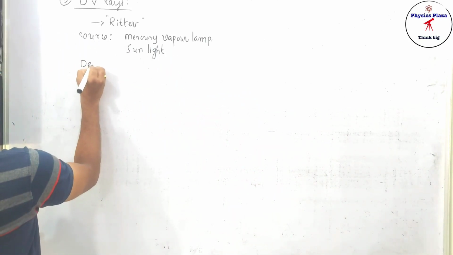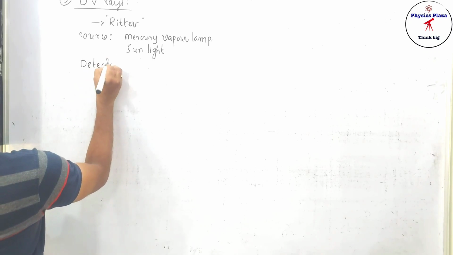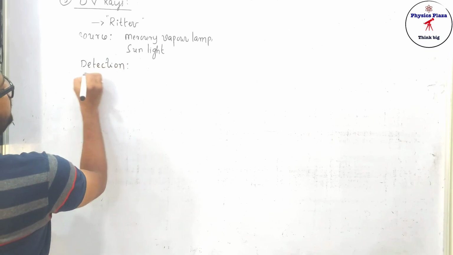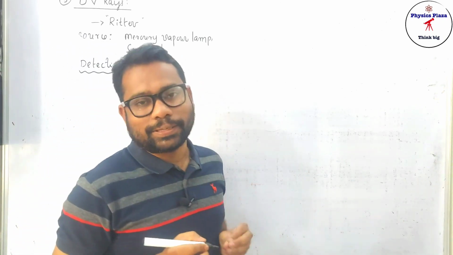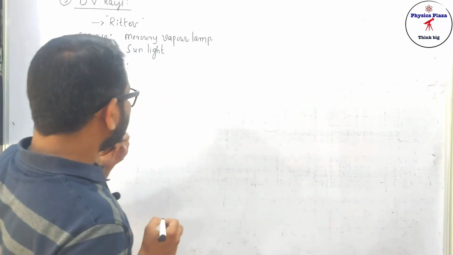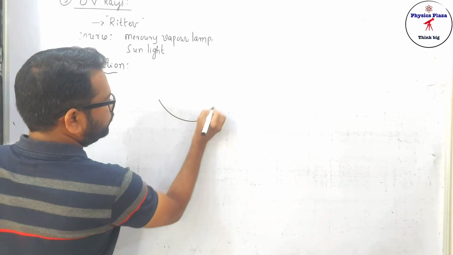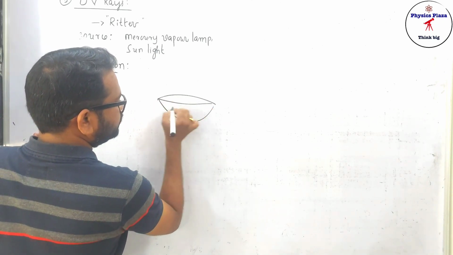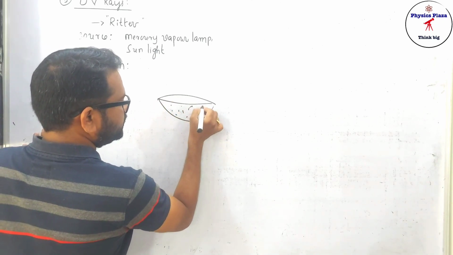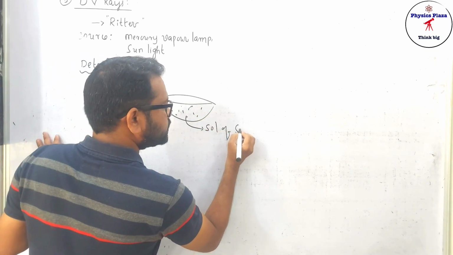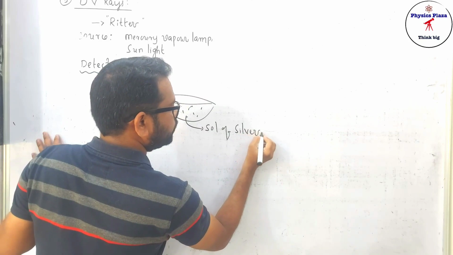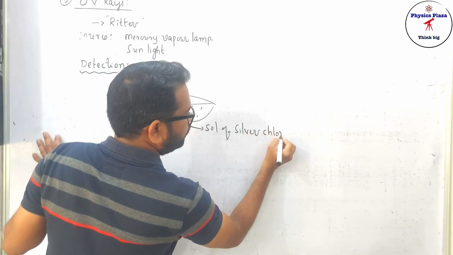How are these detected, children? These are detected by their chemical actions on dyes. For example, let me take some solution. What is the name of this solution, children? It is the solution of silver chloride.